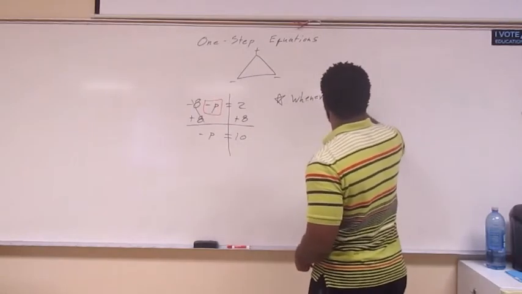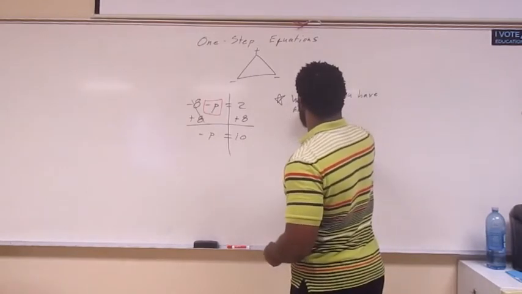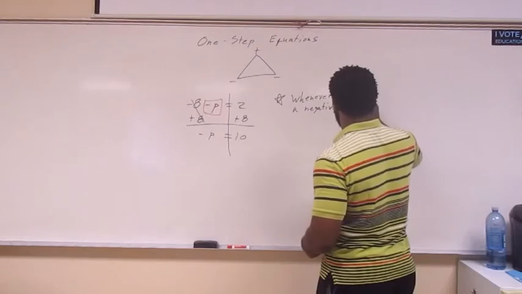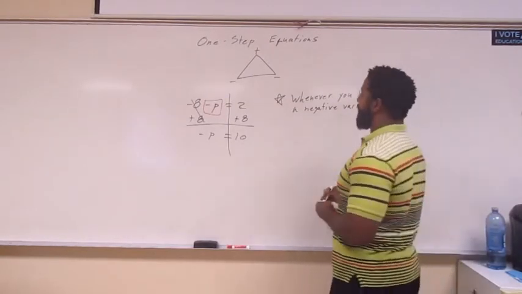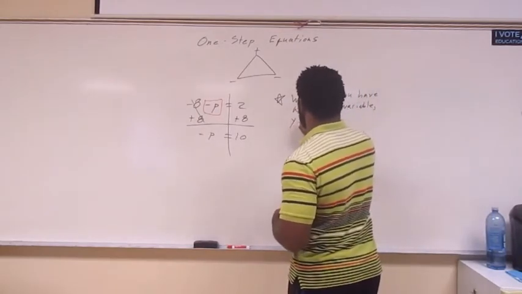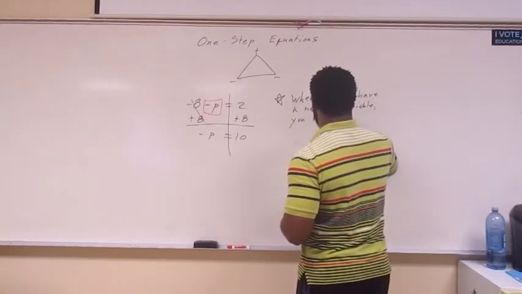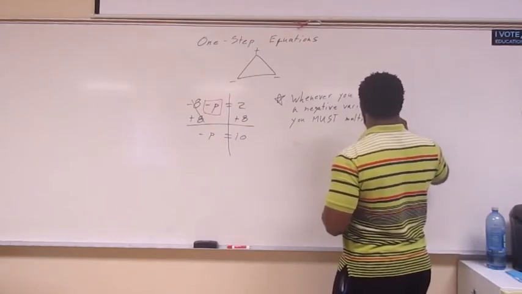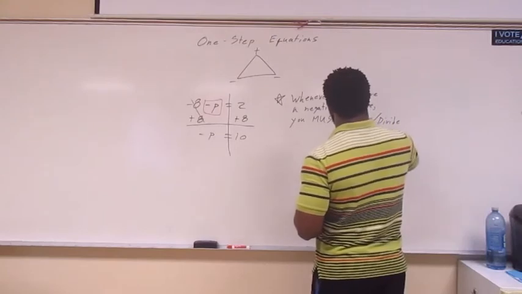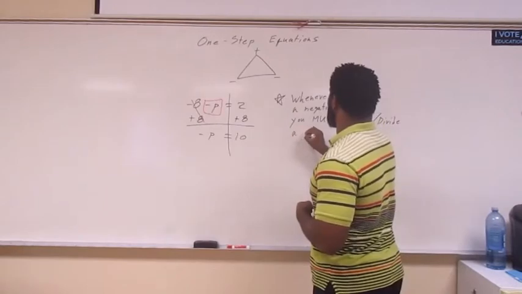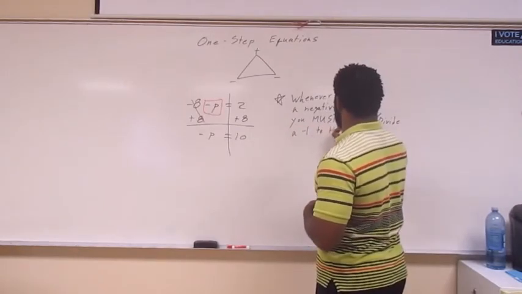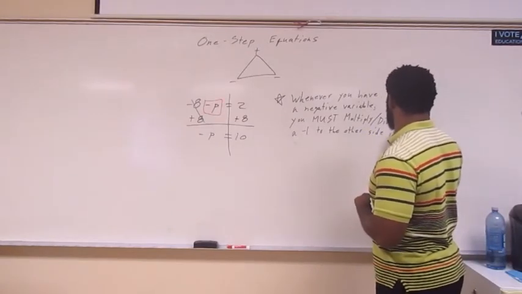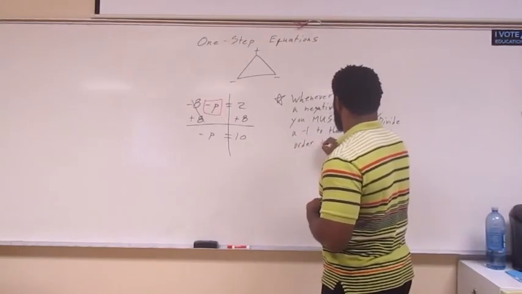Whenever you have a negative variable, you must multiply or divide a -1 to the other side, which is 10, in order to solve.